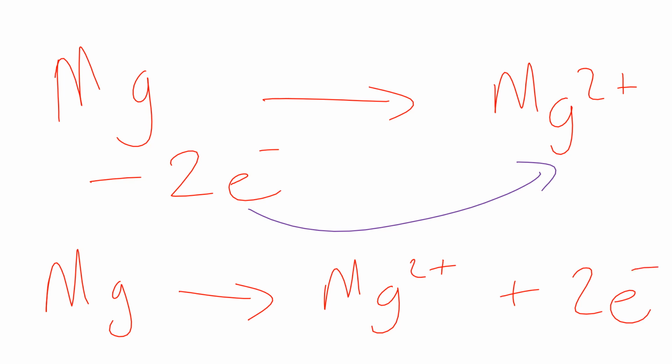So what we're saying is that the magnesium has lost 2 electrons to form magnesium plus 2 ions, therefore it's been oxidized. So 3 ways to define oxidation: the addition of oxygen, number 1, an increase in oxidation number or oxidation state, number 2, the loss of electrons, number 3.